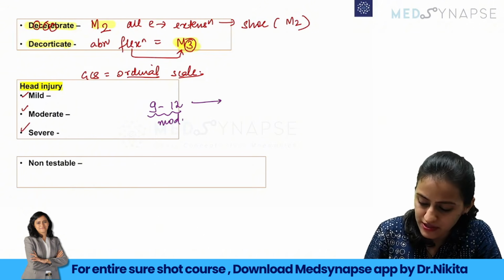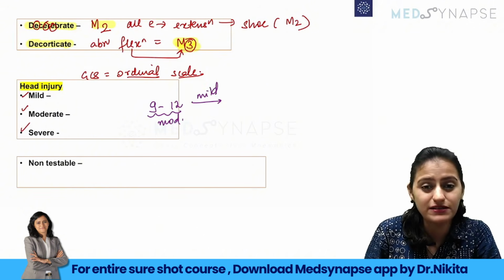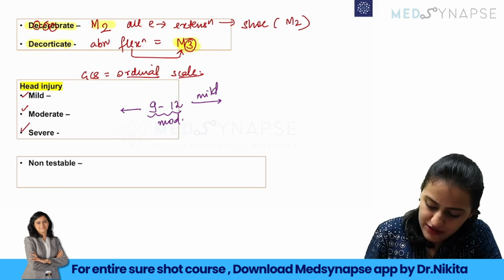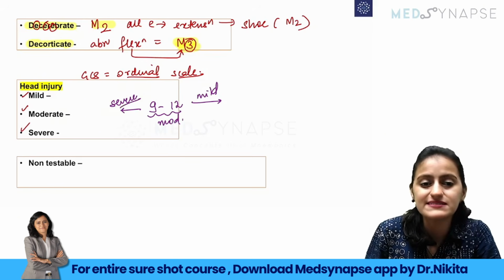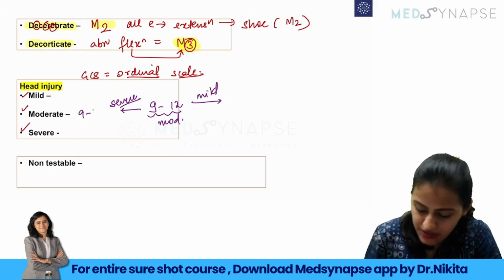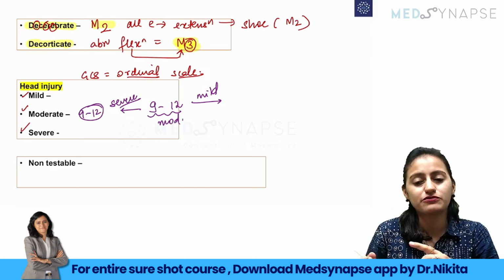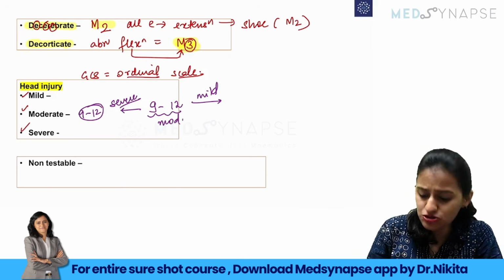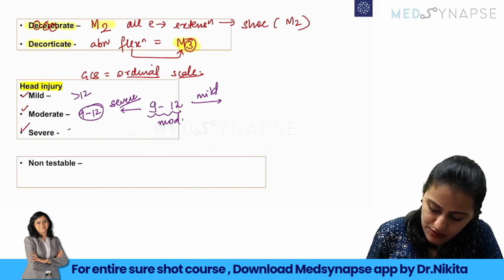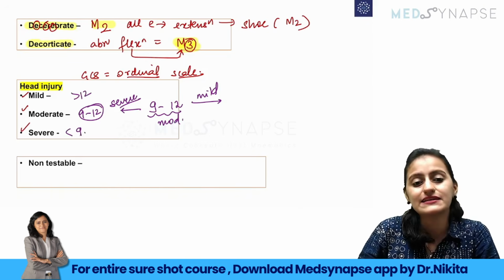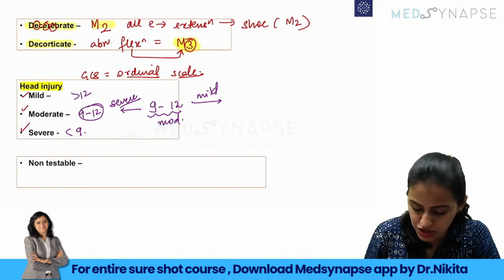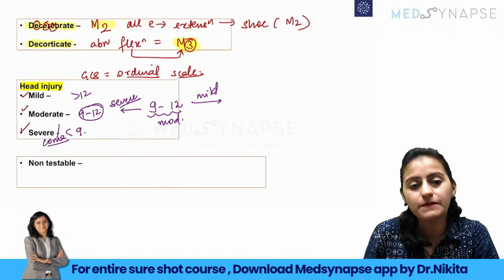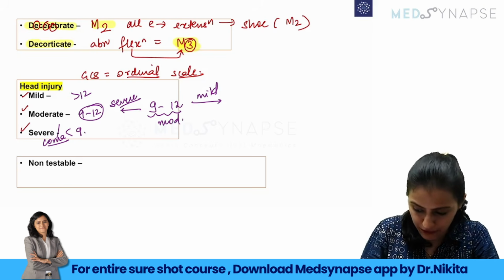If the score is more than 12, it is mild head injury. If the score is less than 9, it is severe head injury. Remember the multiples of 3: 9, 12, 15, and 15 is the maximum. Less than 9 is severe head injury or a state of coma.